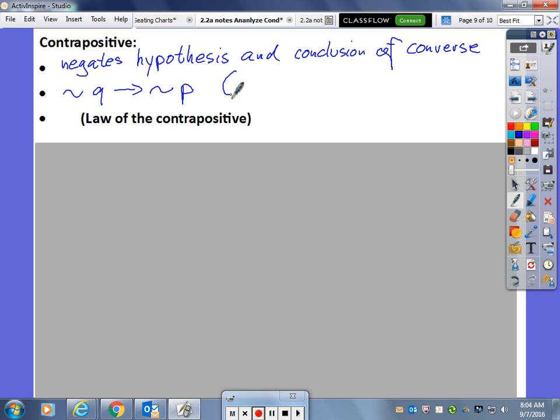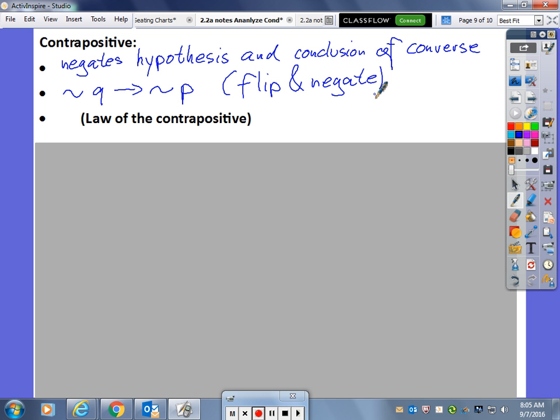We're flipping the letters and we are negating everything. Another way of thinking about it, the contrapositive is a very complicated name, and it's the whole thing. Everything you can think of, you do in the contrapositive. You flip the statements around and you negate everything.